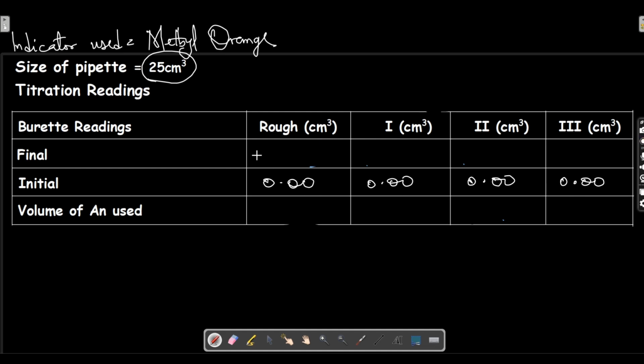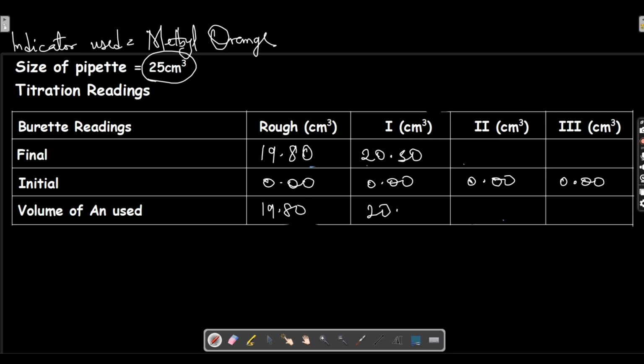All right, so our first reading we got around 19.80. Ensure your recordings are to 2 decimal places. And the other one we did, we stopped at 20.30. Take note, this minus this, you have 19.80.